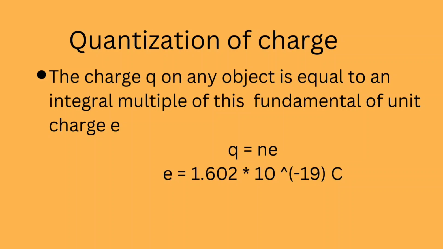See here the mathematical representation: Q is equal to n e, where Q is total charge, n is any integer, and e is the fundamental unit of charge. This concept was experimentally confirmed by Robert Millikan, and through the experiment he found that the value of e is 1.6 into 10 power minus 19 coulomb.